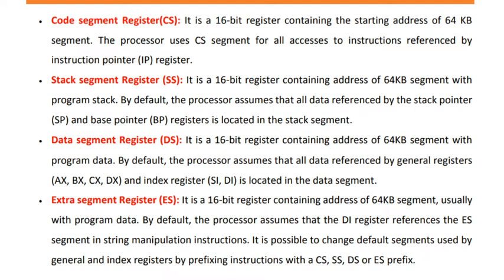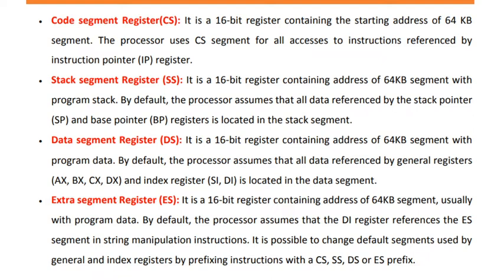So, the code segment register is a 16-bit register that will store the base address of the code segment. Here we can use IP as the offset in order to create displacement to access a specific byte in the code segment. The stack segment register is a 16-bit register that stores the base address of the program stack. Here we'll use SP and BP as the offset in order to create displacement to access a specific byte in the stack segment.